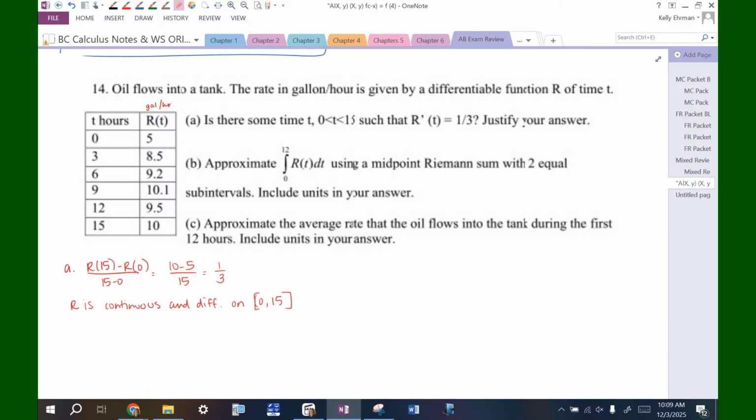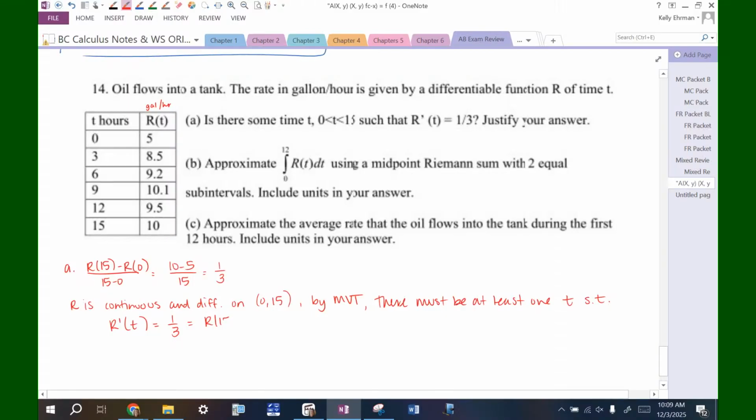I guess it's the open interval, sorry. And so by mean value theorem, there must be at least one t such that r prime of t equals 1/3, because that equals r of 15 minus r of 0 over 15 minus 0.